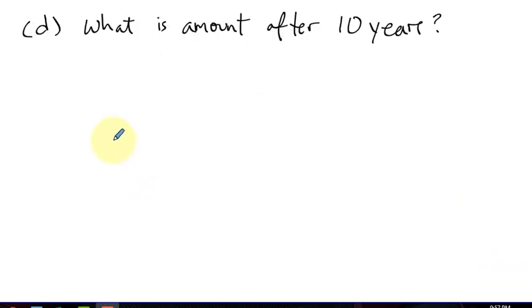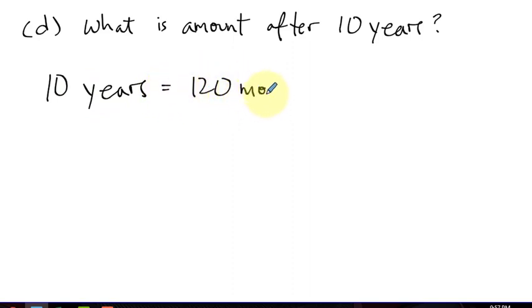Now let's move on to the last question that I put on there. What's the amount after 10 years? Now we've got to be careful with this. 10 years is 120 months. So in my formula, I had developed the amount after n months, or n payments. And so I need to use 120 months for the 10-year period.